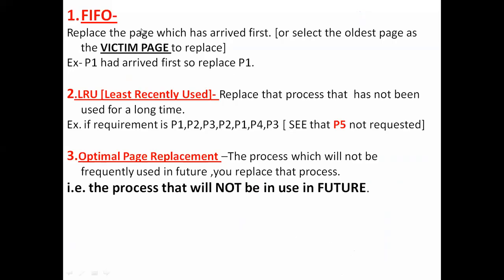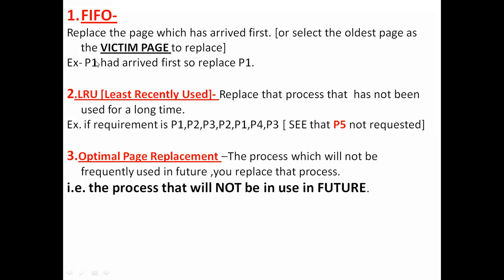The policy in first in first out is that you replace the page which has arrived first. As the name indicates, the page which comes first will get out of the queue first. You select the oldest page as the victim page to replace. Are you getting it?